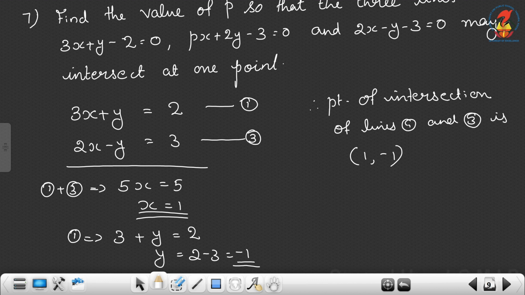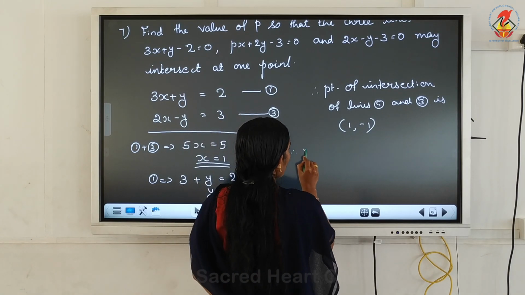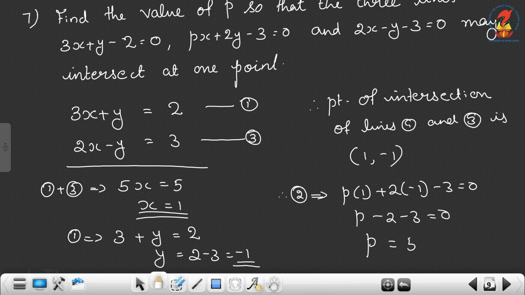Now we substitute this in the second equation: p into 1 plus 2 into minus 1 minus 3 equal to 0. So p minus 2 minus 3 is 0, or p is equal to 2 plus 3, that is equal to 5.